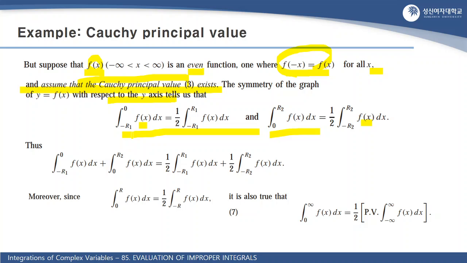Now, when we add these two equations, and take the limit of both sides as R1 and R2 approach infinity, we'll find that the left hand side matches the definition of the improper integral in equation 2.